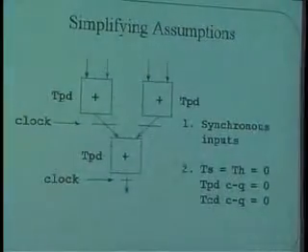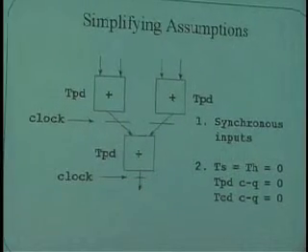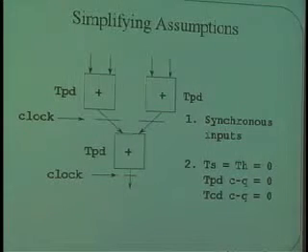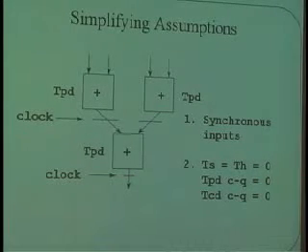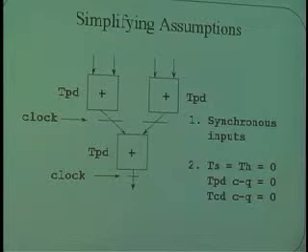And we assume in general when we're doing a circuit like this in class that the propagation and contamination delays of the registers are 0 as well. Of course, when you design a real circuit like this, you have to add the propagation delay of the registers to the propagation delay of the logic that's in between the registers, plus the setup time of the register before you can let the clock go off again to the next one.